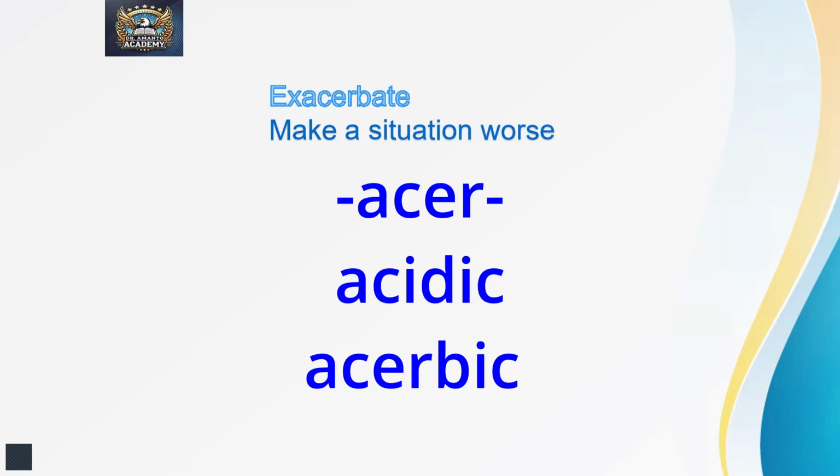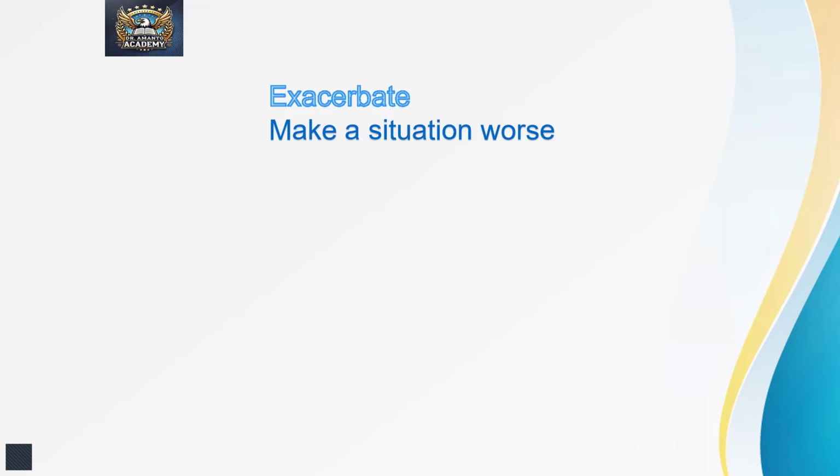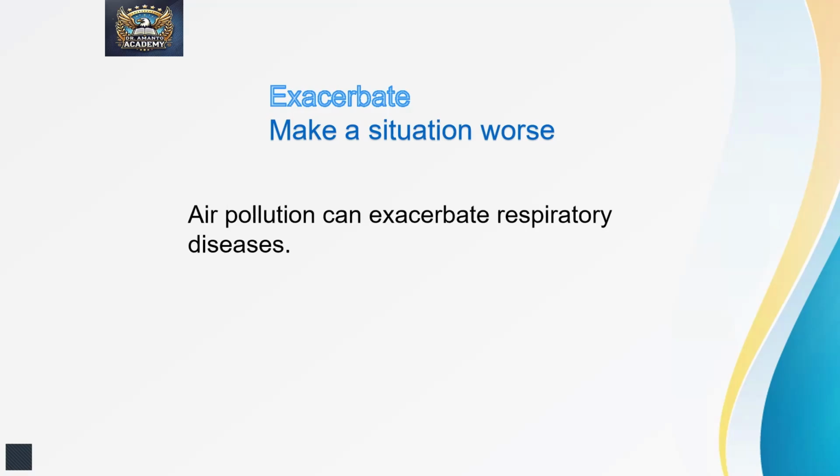These are used in English these days, in modern English. So exacerbate means to make something of which the effect is sharper and more bitter. So exacerbate means make a situation worse.